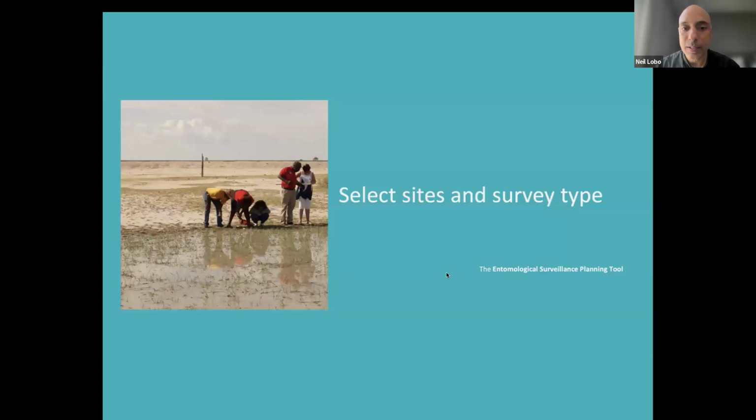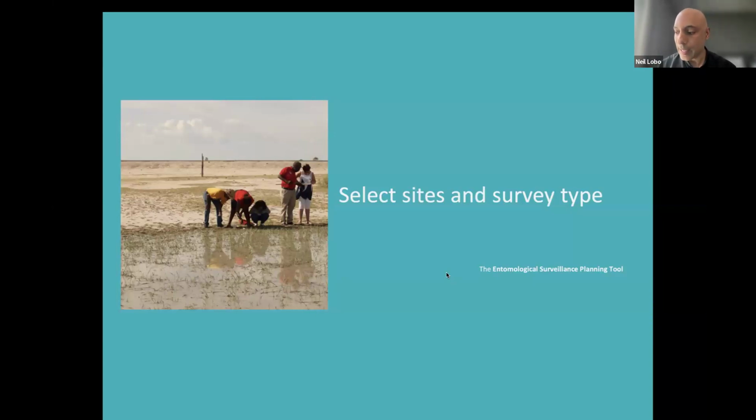I hope you all can see my screen. Over the last 2 days, we went over how to conduct question-based entomological surveillance, and went over the theory behind why, and multiple aspects and examples of each decision we would make, which includes how to ask a question, what indicators to select to answer our question, as well as sampling methods.